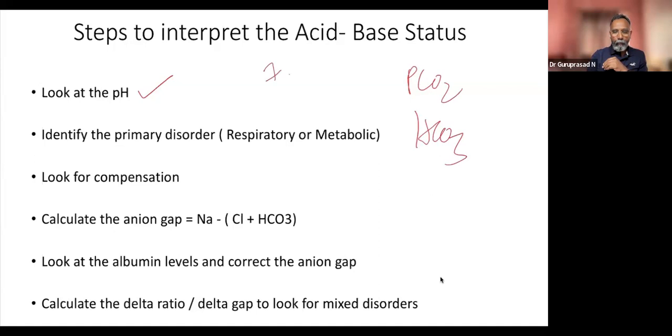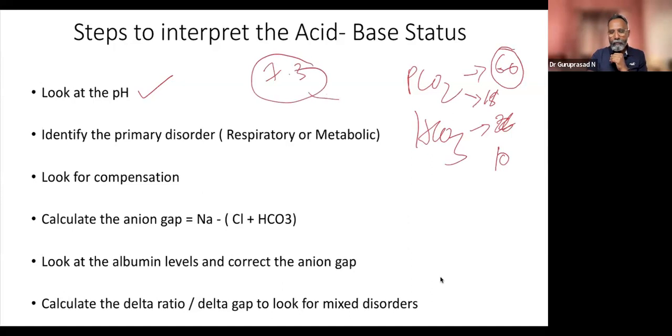For example, if the pH is 7.3, the PCO2 is 60 and the bicarb is around 26, the primary disorder here is the respiratory one. If the PCO2 is 18, the bicarb is around 10 and the pH is 7.3, then it is more in favor of a metabolic acidosis.